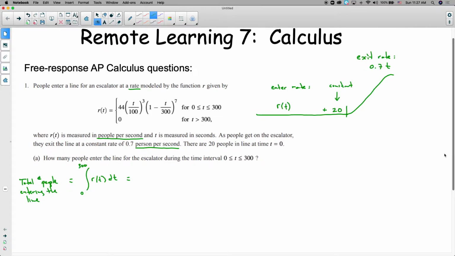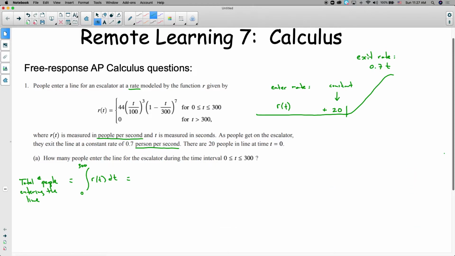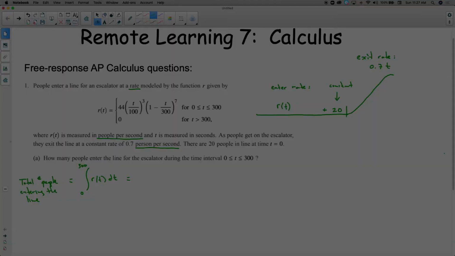And I'm sort of going to save all of my calculator strokes until I need them, right? So I'm just going to think this through conceptually and not get bogged down in the computations for as long as possible. Okay, so that's going to be some number, and I don't know what it is, but we'll get to that if we need it. Now then, let me bring over part B.